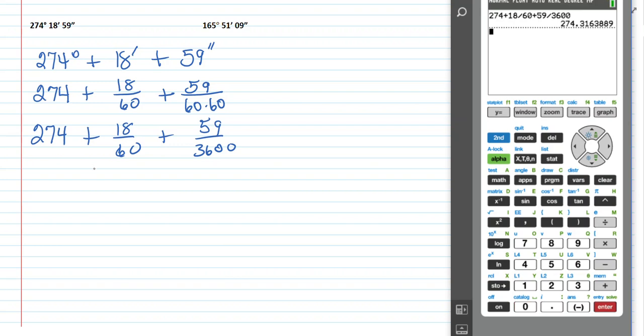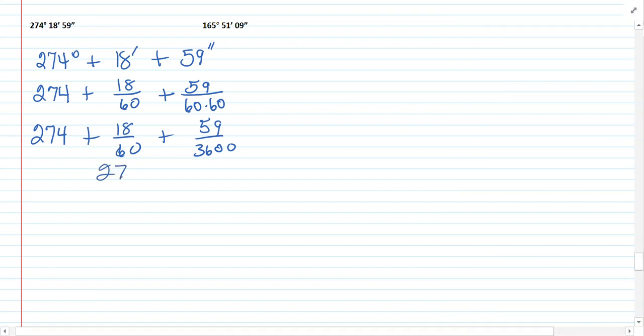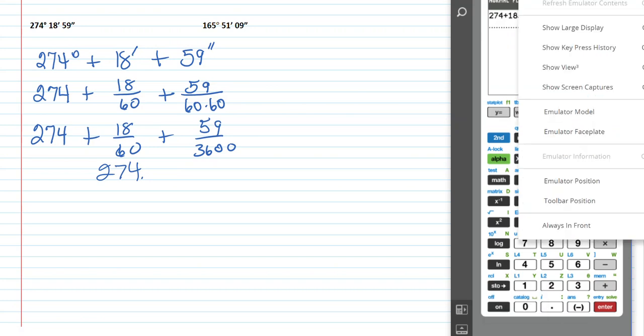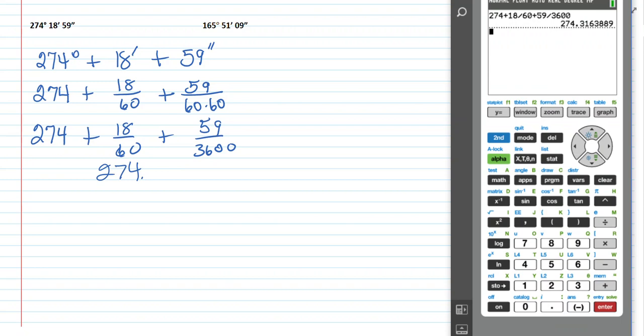And I get this number. 274.3163889, and so on. And we would do it to 3 decimal places, so we would say it's that many degrees in a decimal.